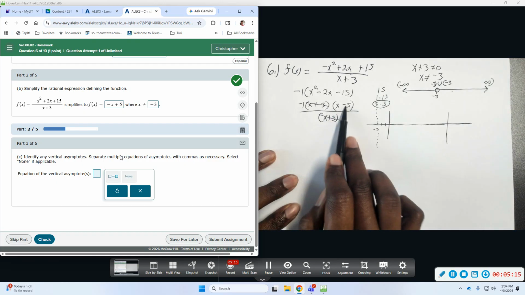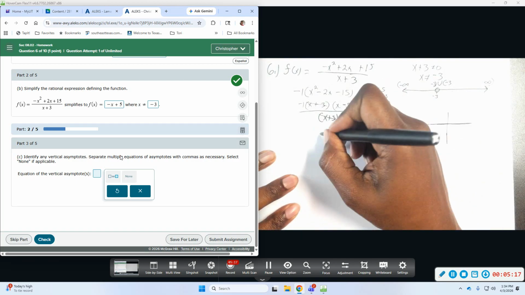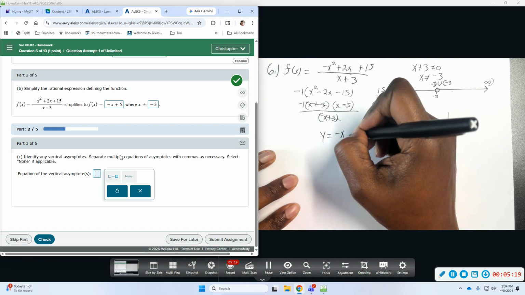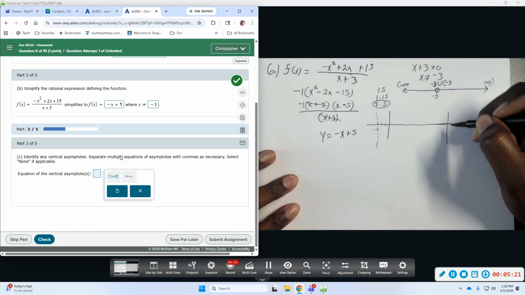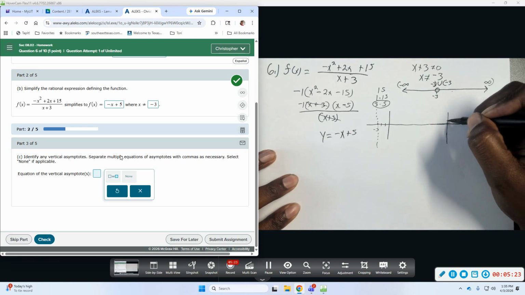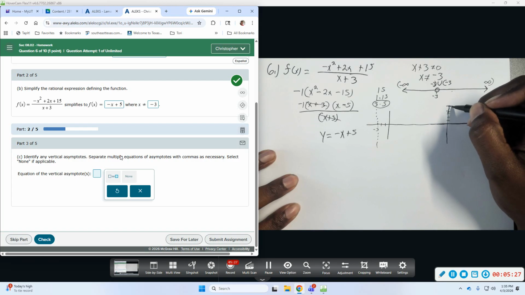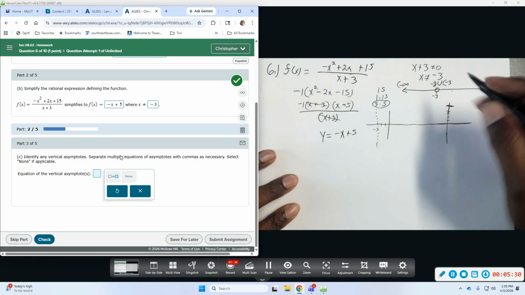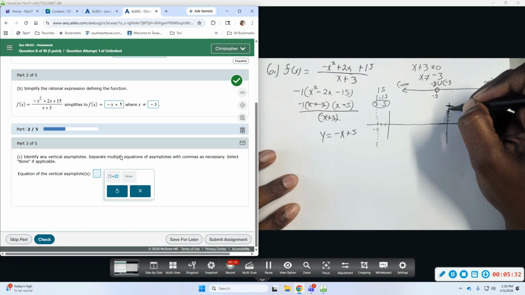So this simplified function, which is negative x plus 5, this graph would be up 1, 2, 3, 4, call it 5. We'll call this 5. And then our slope is negative 1. So we'll go down 1 and right. It's going to give me a negative slope. So I'm going to go up and left.